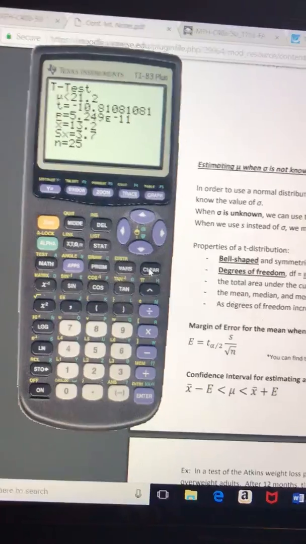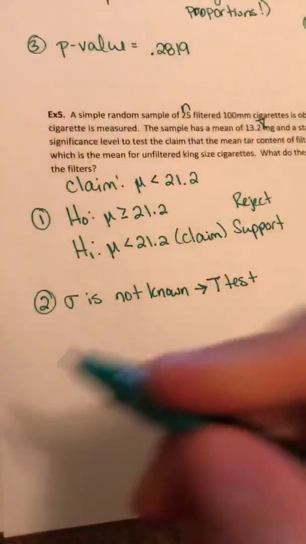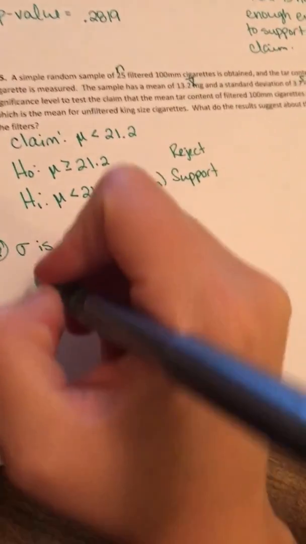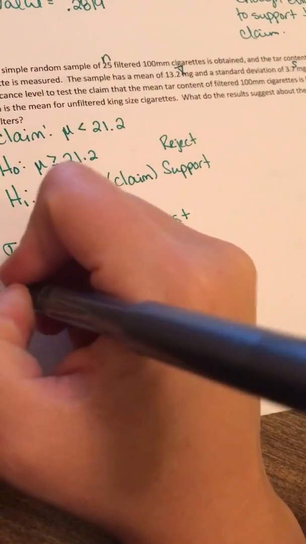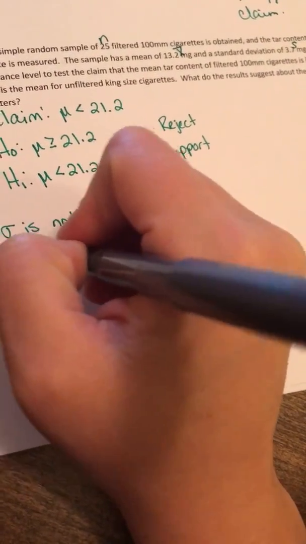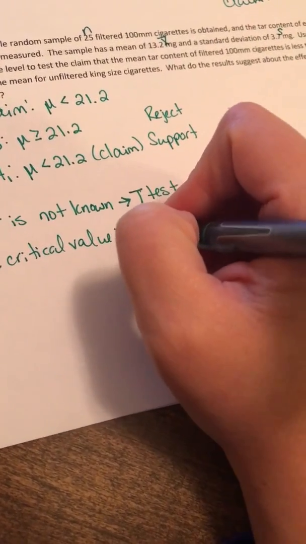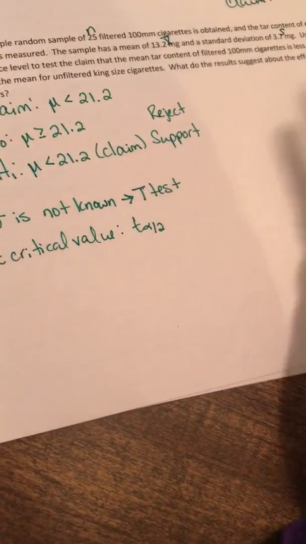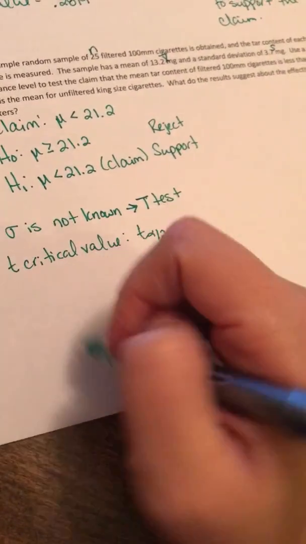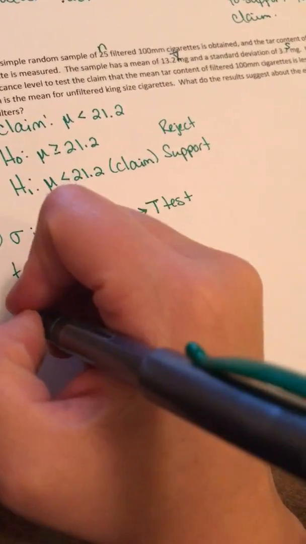And to find a t critical value, if you wanted to do this by hand, the notation is t sub alpha divided by 2, which is the same as z sub alpha divided by 2. You have to know your degrees of freedom.